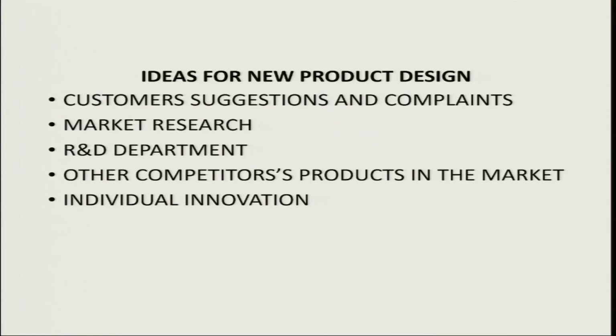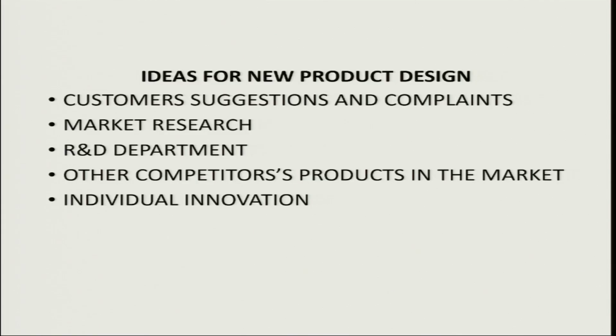Now, the question arises: from where will the idea come for new products, because we have to keep on innovating. It can come through customer suggestions and complaints. Many improvements in the product take place through complaints from the customer, or the customer gives a suggestion. These suggestions can come in a formal, solicited manner, and also in an unsolicited manner.